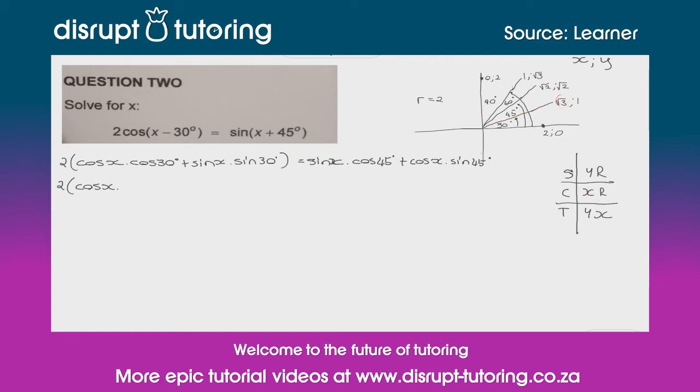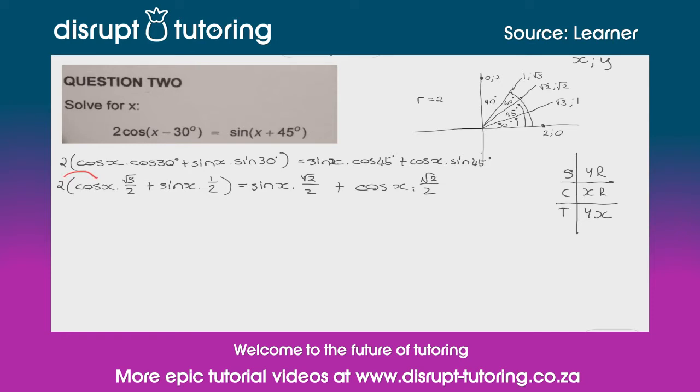At 30 degrees, it's root 3 over 2, plus sin x times sin 30 degrees, so that's y over r, so 1 over 2, and that is equal to sin x times cos 45, so at cos 45, x over r is root 2 over 2, and that is plus cos x times sin 45, y over r this time, which is also root 2 over 2.